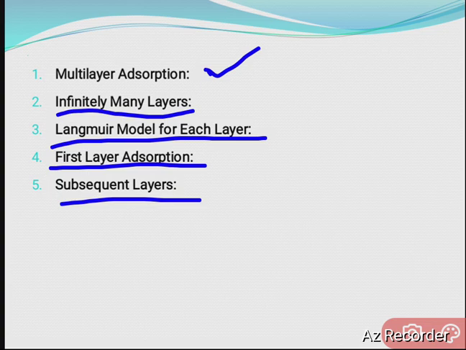For the first layer, the specific heat of adsorption is different from the heat of liquefaction of the gas, while for subsequent layers, the heat of adsorption is equal to the heat of liquefaction of the gas. Okay. These are the things about the BET theory.